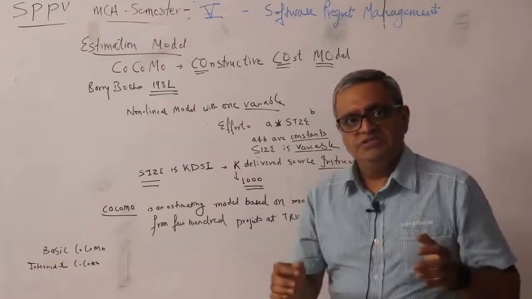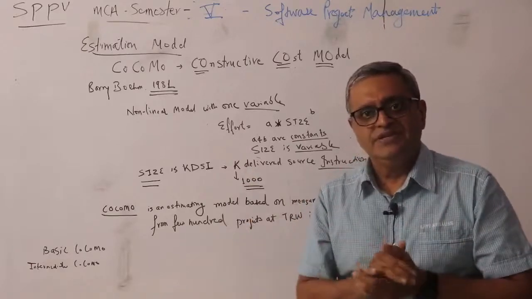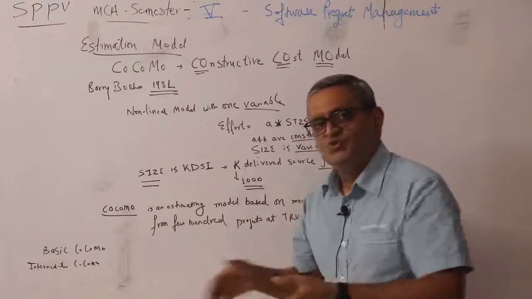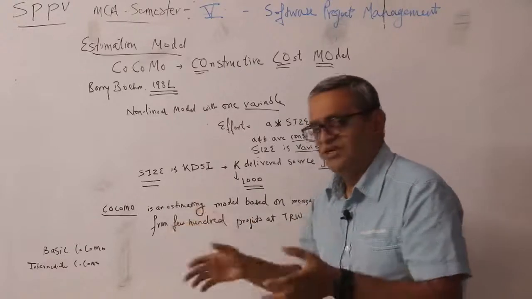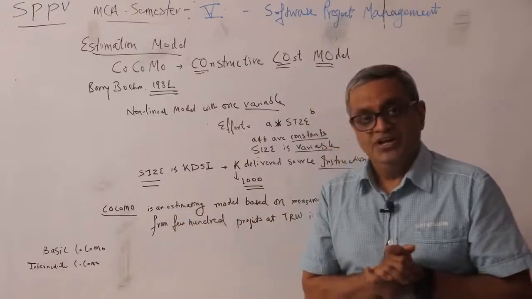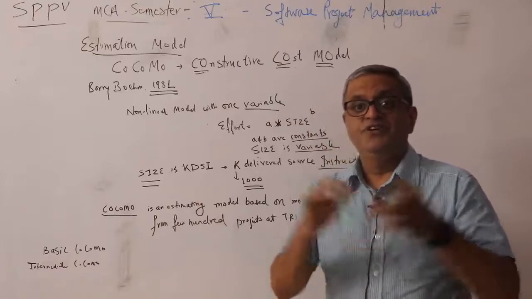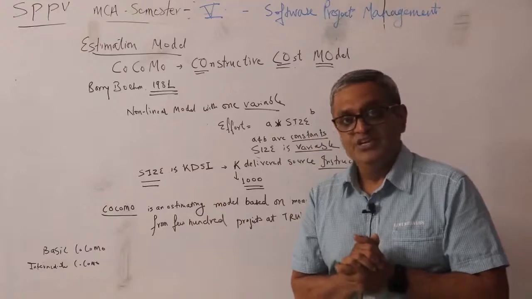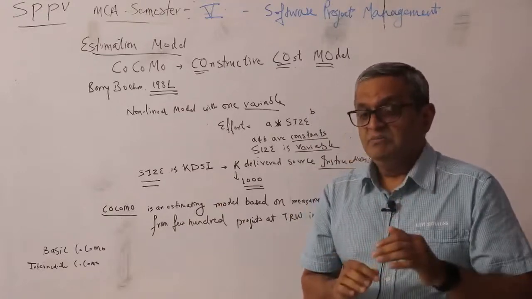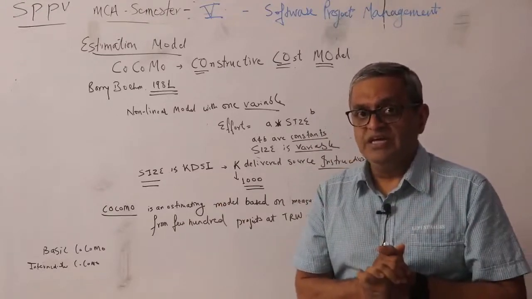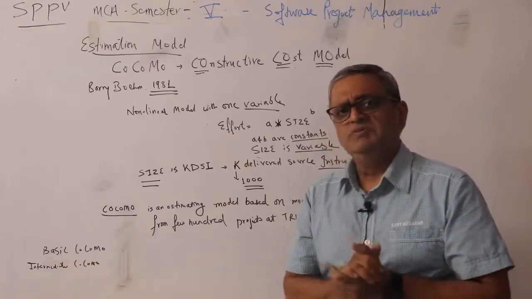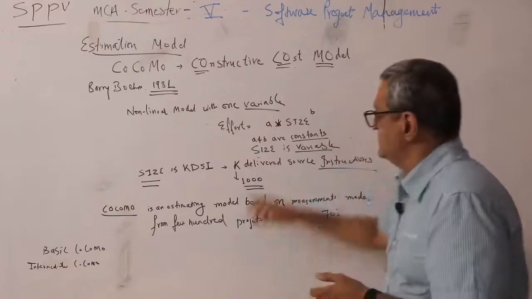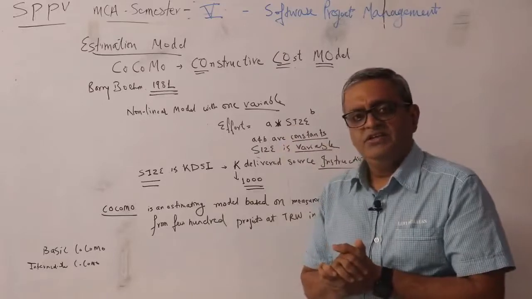Now the problem is, this was way back in the 70s. The software development which we do now is way different from the technology used in those days, so it's not applicable. The second problem with COCOMO is size.